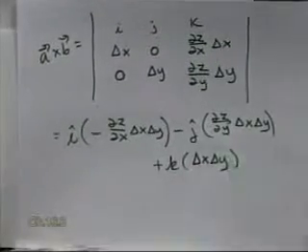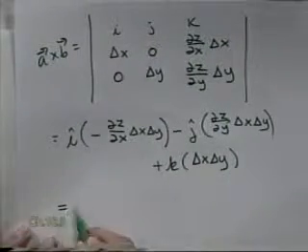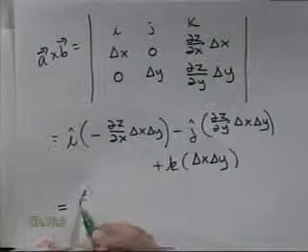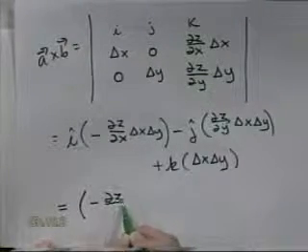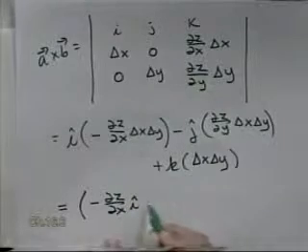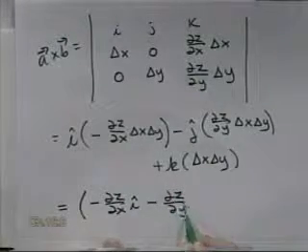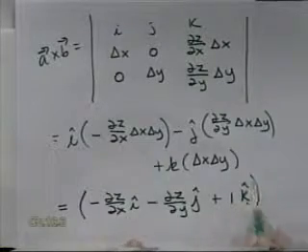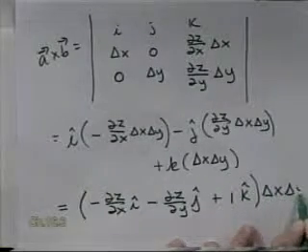Now each of them has delta x, delta y, so is it okay if I factor that out? I'm going to get minus partial of z with respect to x, i, minus partial of z with respect to y, j, plus 1 times k, times delta x, delta y.